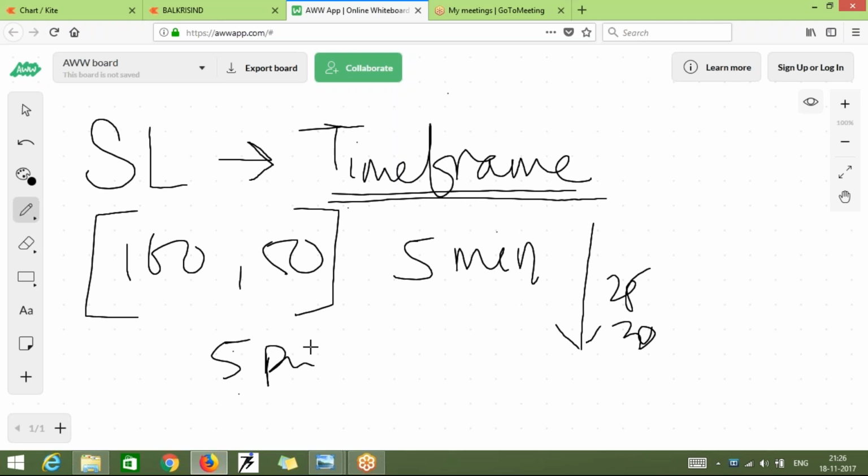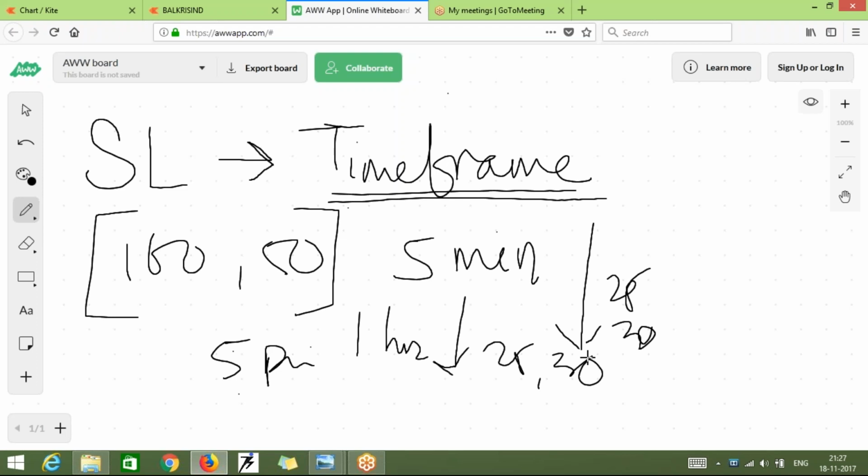And in a similar way upward also, if I'm seeing an hourly chart, then my SL would be around 25 to 30 points. If I have a trade which I am keeping for around 1 month, my SL would definitely be more.